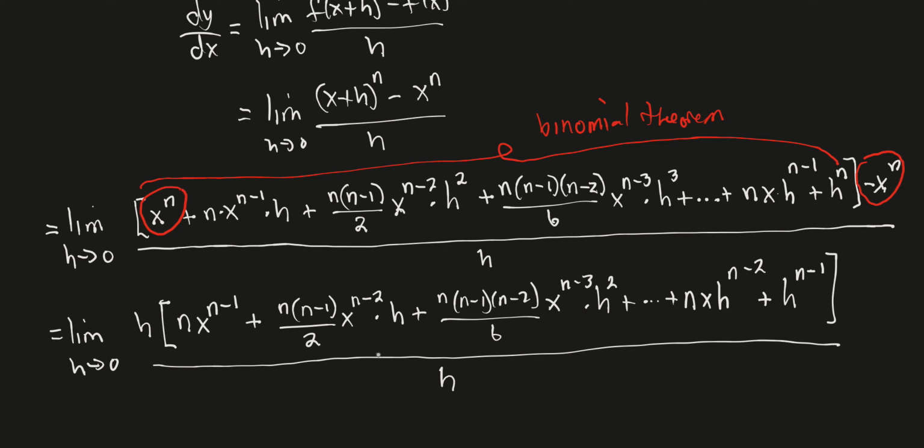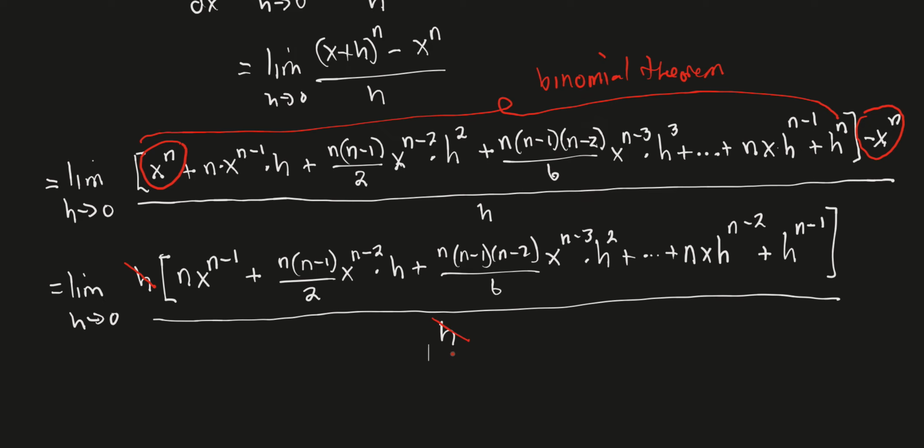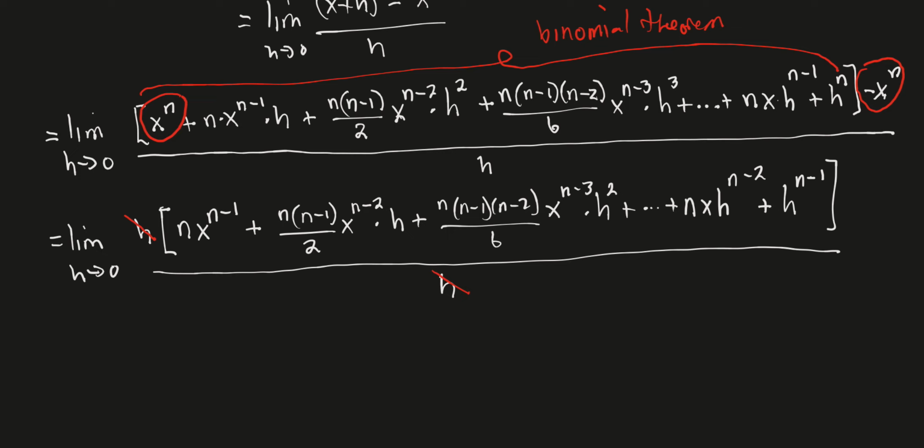But the beauty of this now is that we have a common factor of h. So this h and this h reduces my fraction. All right? So we're almost there. And then we can take a little yoga break. But we have the limit as h approaches 0.